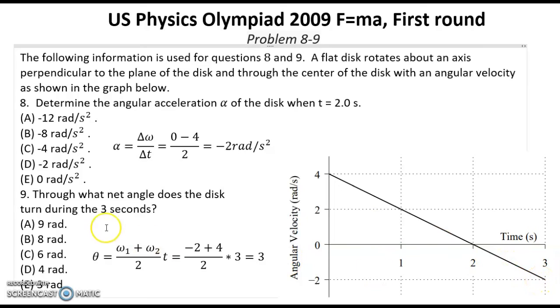This is in our question, and put these angular velocities. Initial it's 4 and final is negative 2. So that will be solution. Negative 2 plus 4 over 2 multiplied by 3. That will be 3 radians. Correct.